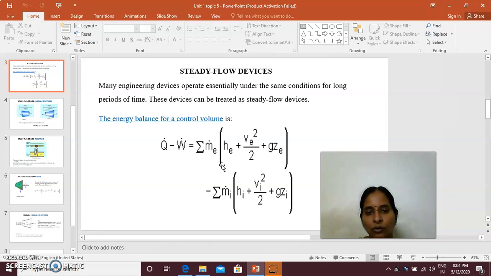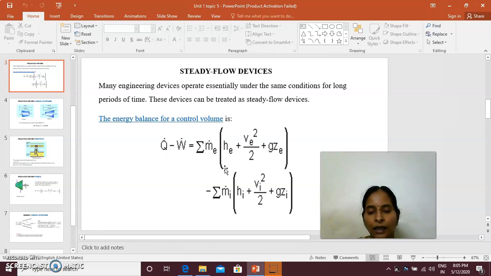In this first unit, you can have problems on simple pressure loss and internal energy, heat transfer, work transfer, simple SFE, and SFE applications for various thermal devices.